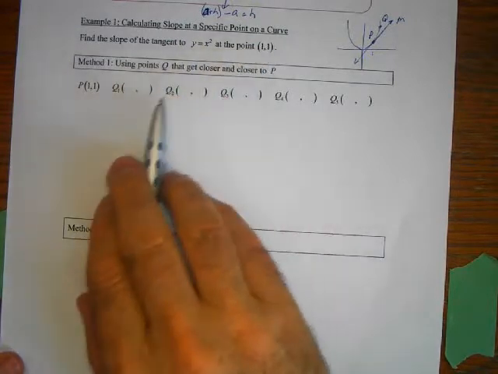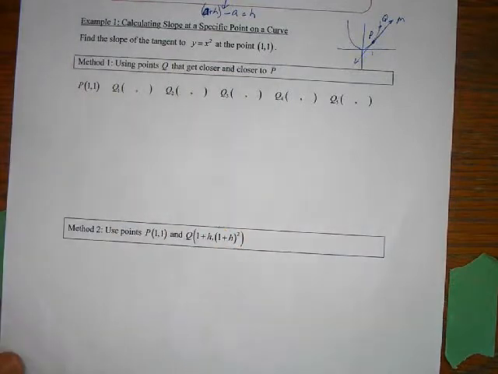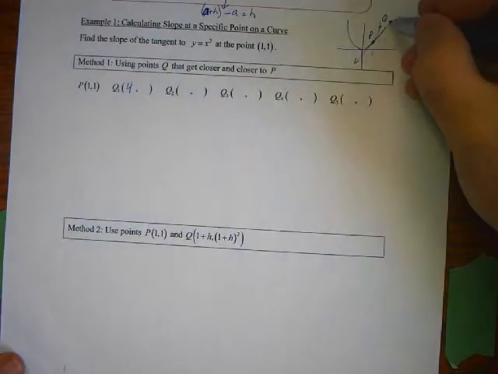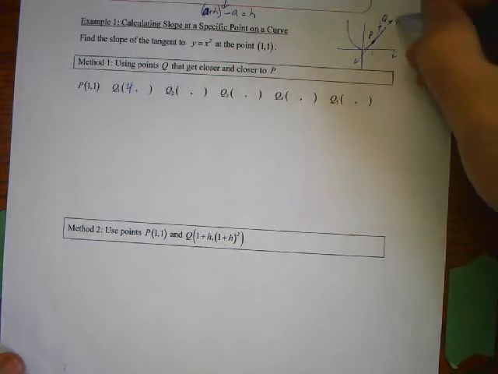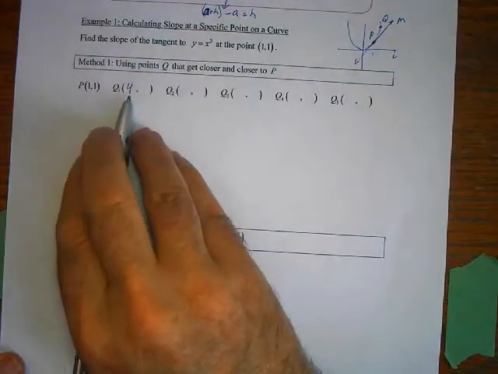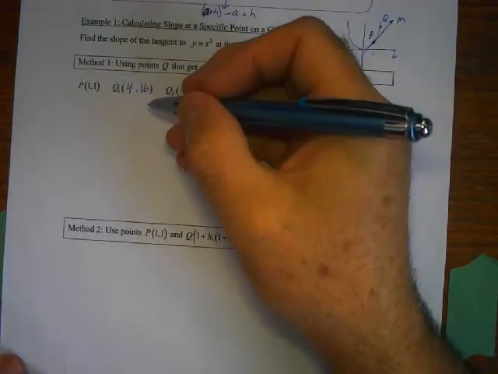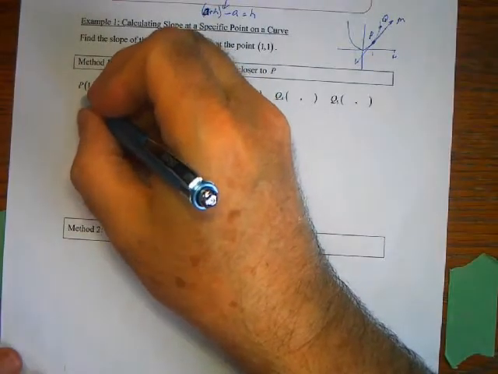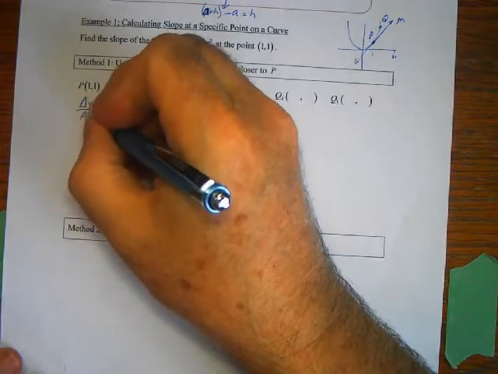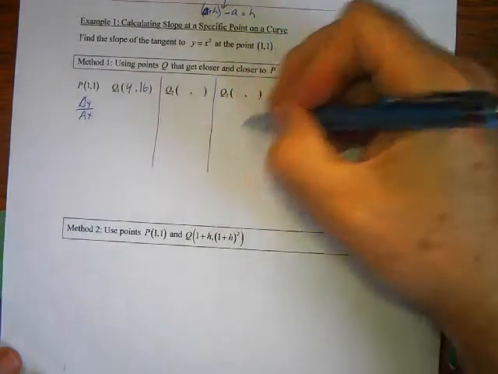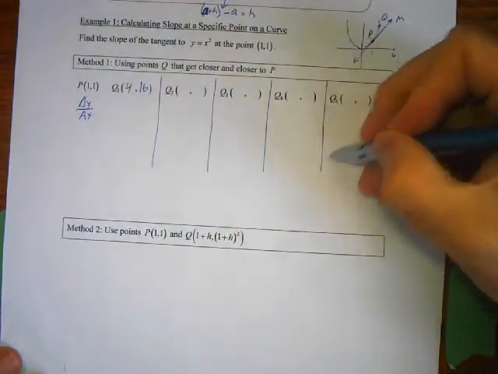Now point Q, let's start with the original Q at x equals 4, which is pretty high. I can't even draw it on here. If x is 4, then y will be 4 squared, which is 16. What I'm going to calculate is delta y over delta x, for these different values of Q, and you'll see a pattern.